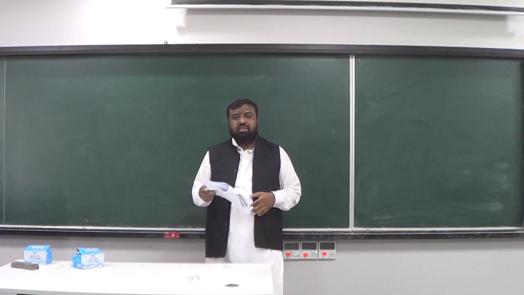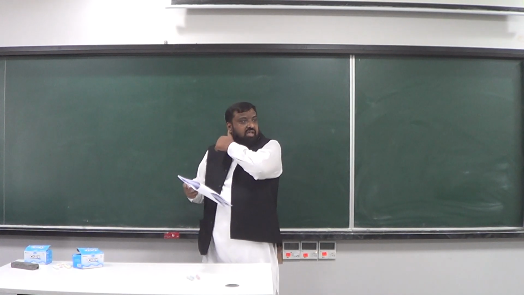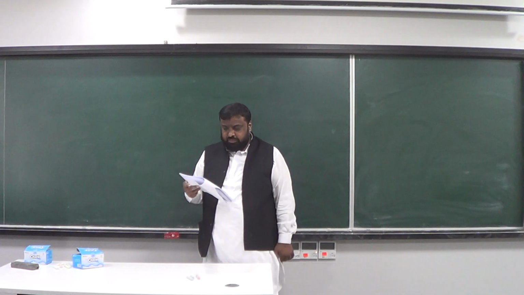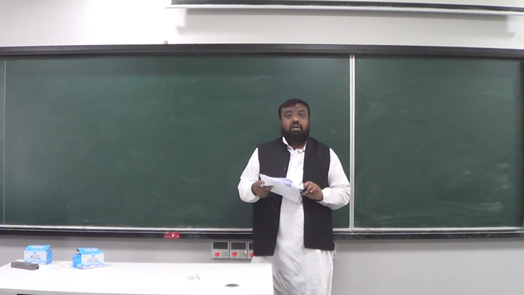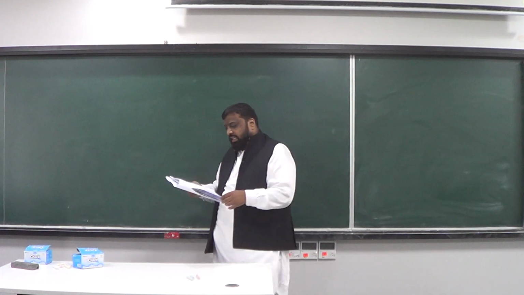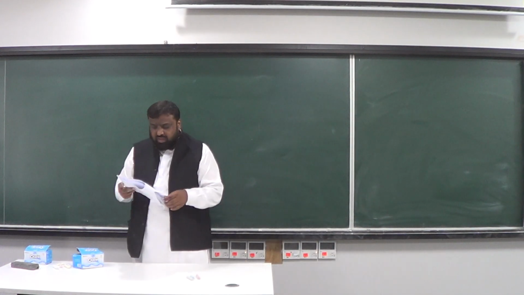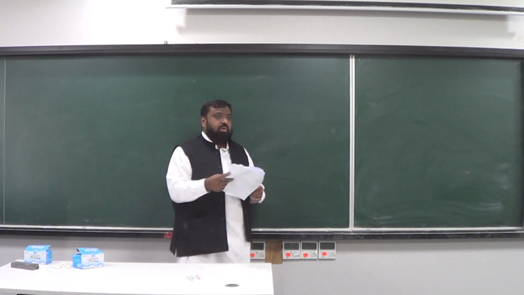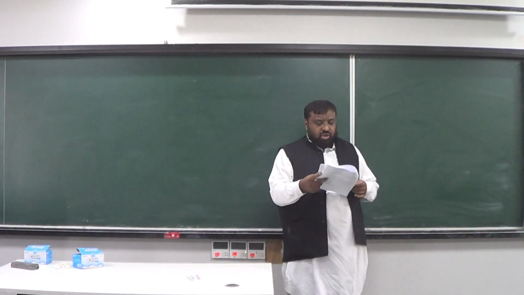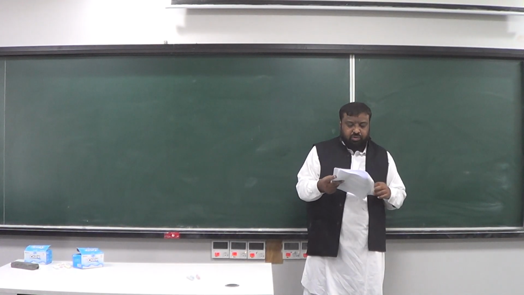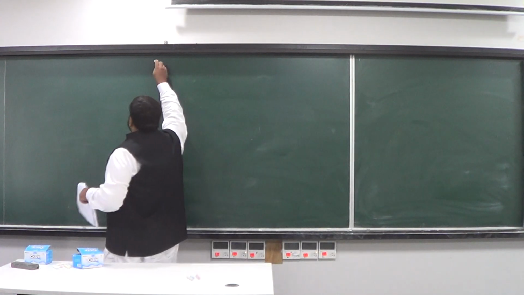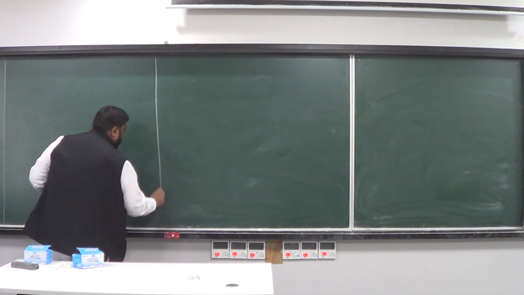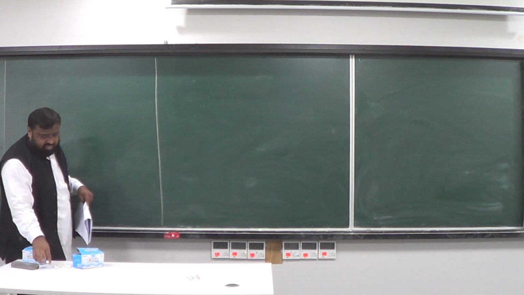I'll explain it in a bit more detail, and then I'll discuss the solution to the problem that I posed yesterday. I'll revisit that problem again today, and we'll do some more examples also on independence of the random variables.